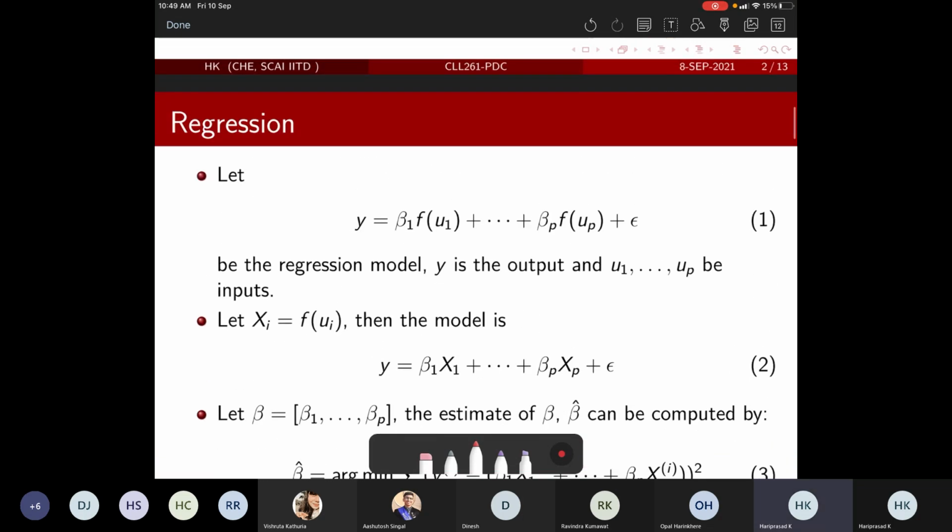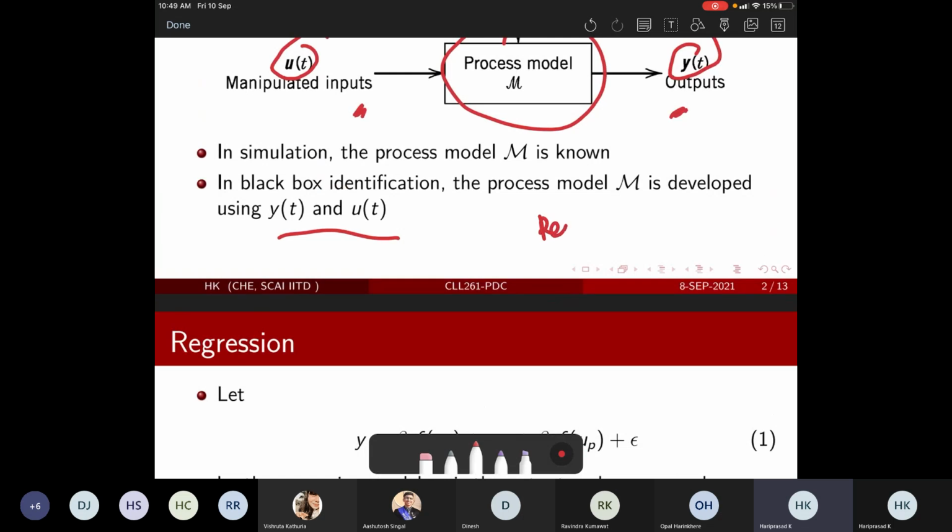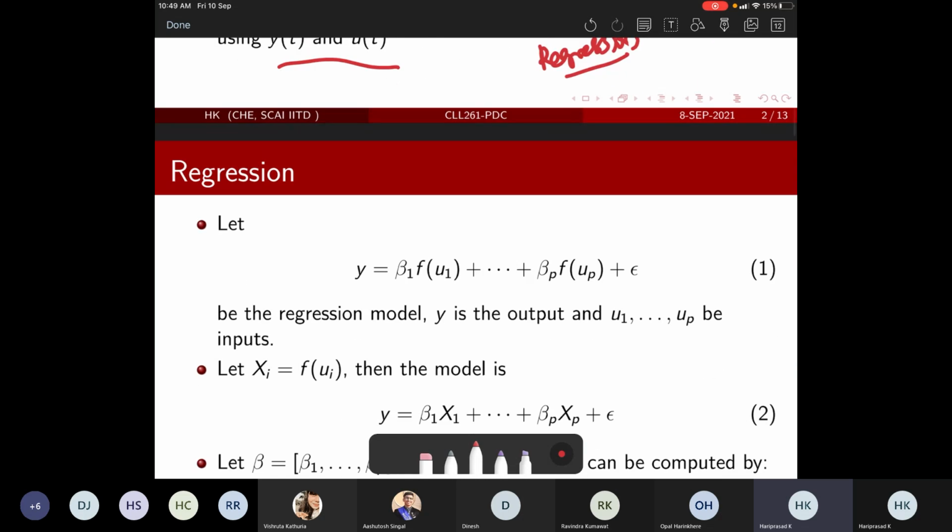The simplest model, or the most widely used of such models, is basically regression. In regression, you are trying to model the output as a function of a series of inputs. If there are multiple inputs, good; if there is only a single input, only the first term.